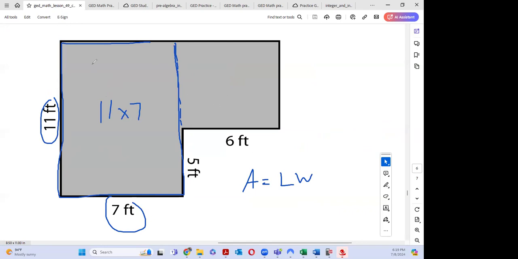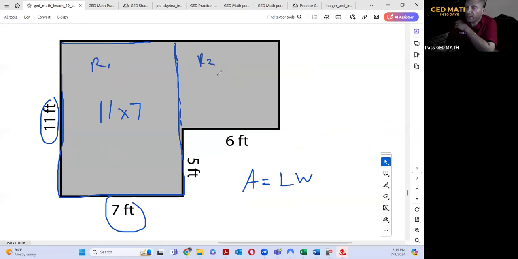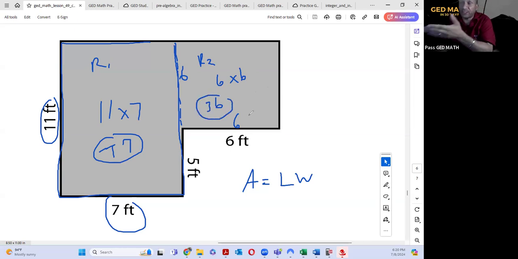The second shape, rectangle 2, we found out this side was 6, and this side is 6. So again, length times width is 6 times 6. So we know the area of the first rectangle is 77, and the area of the second rectangle is 36, and then we add those two together. Got me?